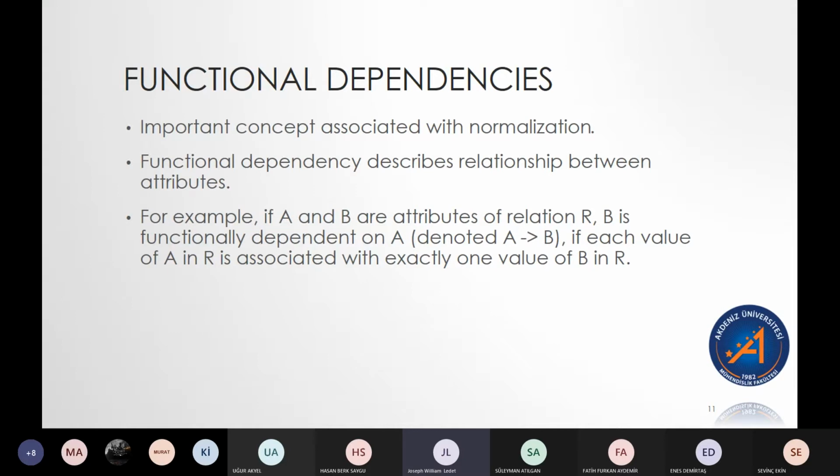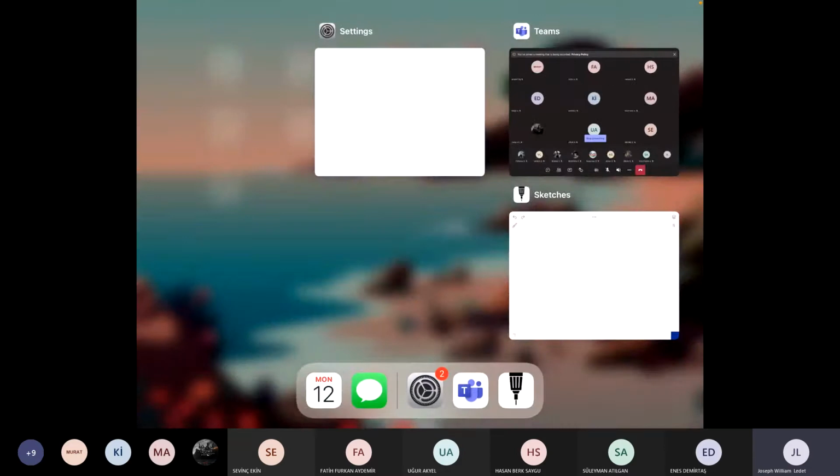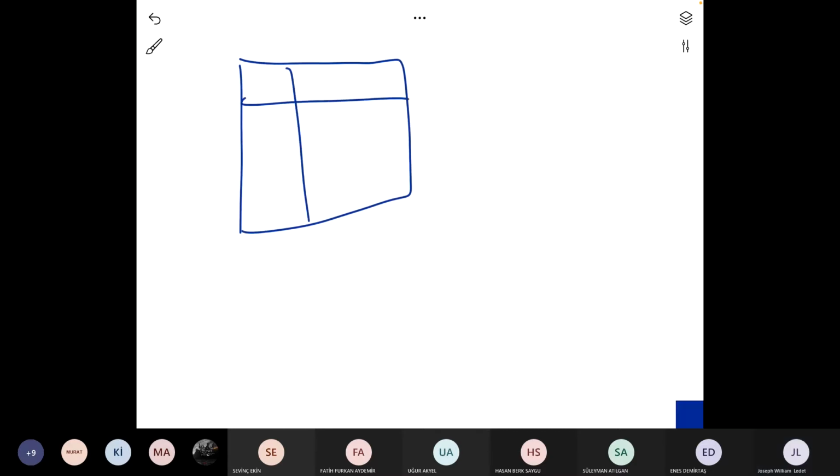The way that we would draw this is A determines B. Let's say that we had a column A, column B, column C, and there are some values here.